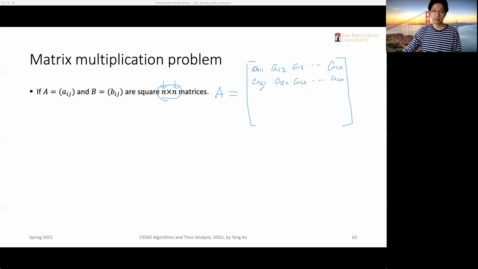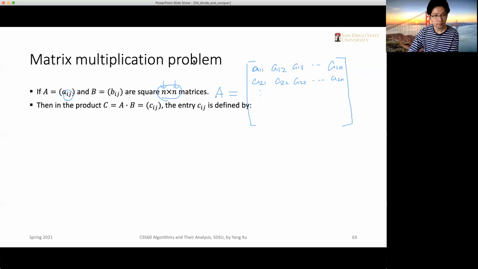So that's the naming convention for all the elements in that matrix. Each element has a pair of indices, i and j, which indicate the row index and the column index. Okay, and using this pair of numbers, we can basically locate any element in that matrix.